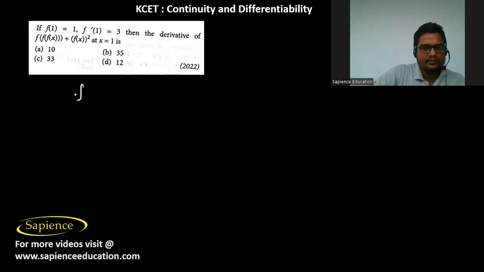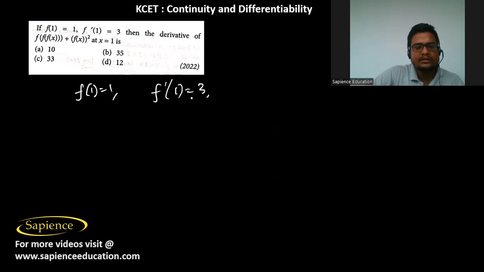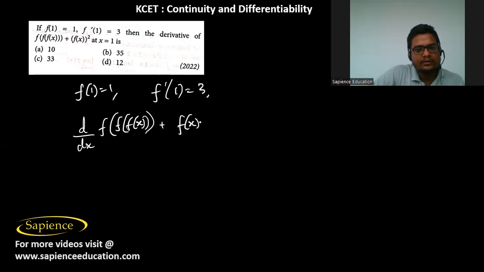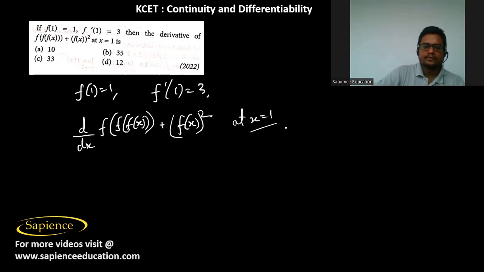Then here it is told if f of 1 is equal to 1 and f dash 1 is equal to 3, then the derivative of, it means d by dx of f of f of x, then plus f of x whole square at x equal to 1 is how much? That we have to find.